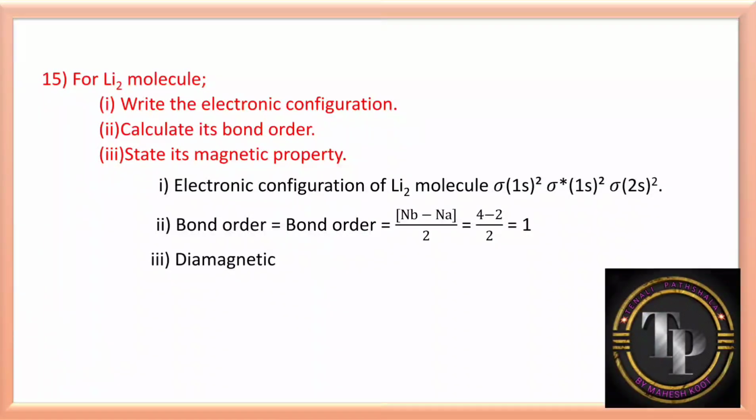The last valence electrons are present in the sigma 2s2 orbital, and there is no unpaired electron, hence it is diamagnetic. Again bond order is Nb minus Na divided by 2. Nb is the number of electrons in bonding orbitals, Na is the number of electrons in antibonding orbitals. Antibonding means star; in the star only 2 electrons are there, guys. Remaining 4 are in bonding. 4 minus 2 by 2, so 2 by 2 you will get 1.